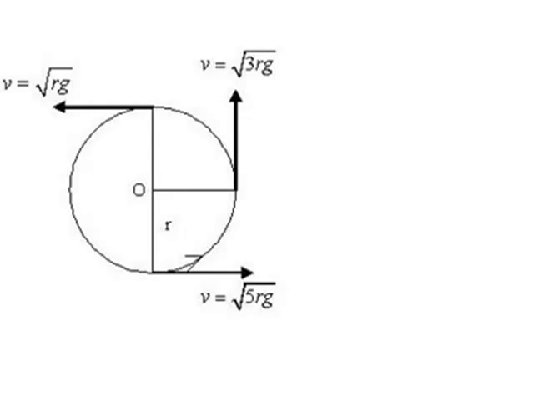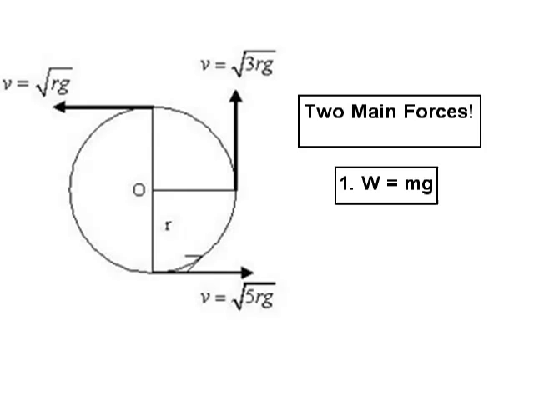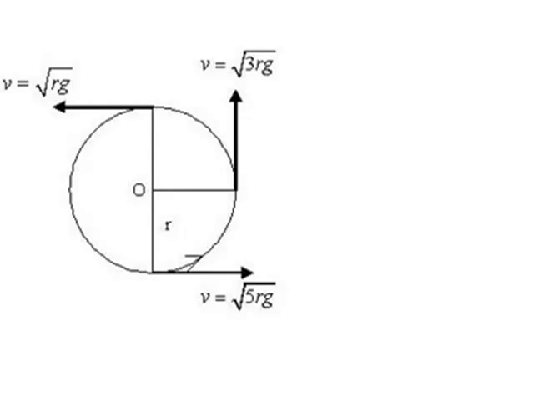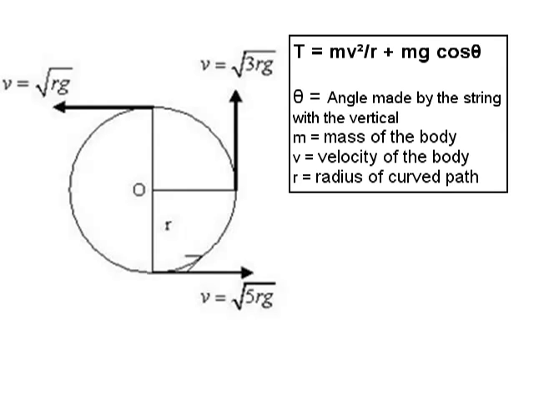Two main forces out of that are the weight of the body mg, which is acting vertically downwards, and the tension in the string T. Now that tension in the string at any position of the body is given as T equals mv square upon r plus mg cos theta, where theta is the angle made by the string with the vertical, m is the mass of the body, v is the velocity of the body at that time, and r is the radius of curvature, or radius of the curved path, or length of the string.